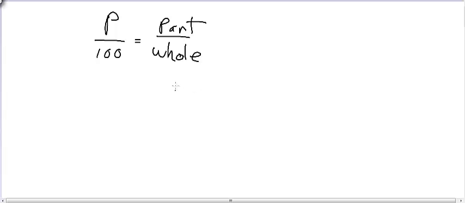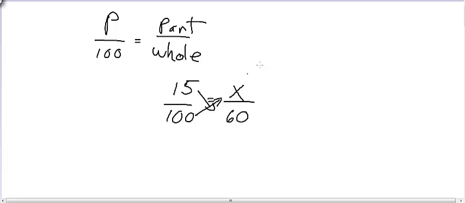In this case, my percent is given, it's 15, and in this setup I do not need to change it to a decimal. I'll leave it as 15 because that's 15% over 100. In this case, my part is unknown, my whole follows the word of, so it's 60. From here, I cross multiply, and I'm left with 100x is equal to 15 times 60, which gives me 900.